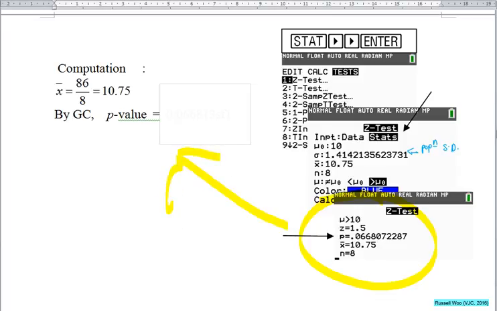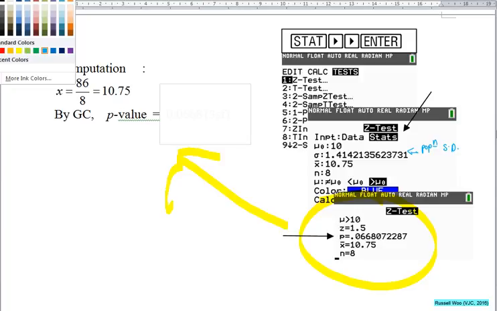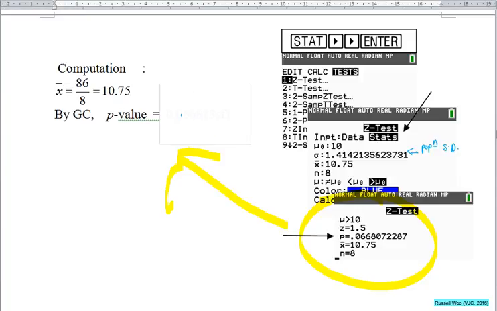I only need you to write down from the GC the p-value, 0.0668. Now this one you must write, because this is a computation. How do you get 10.75? I need you to write this. I need you to write the p-value, and you're good. So all I need from the GC is this magical p-value.